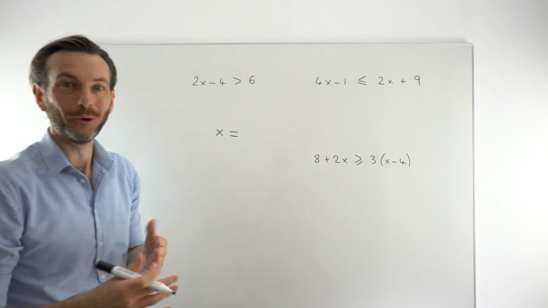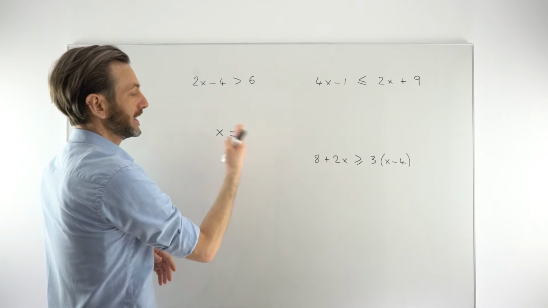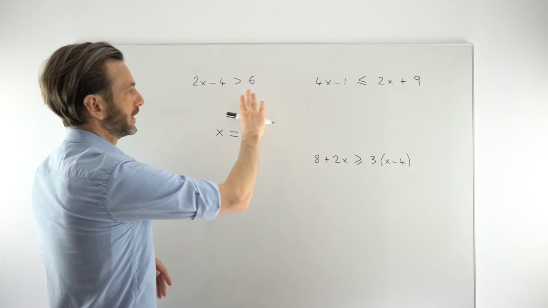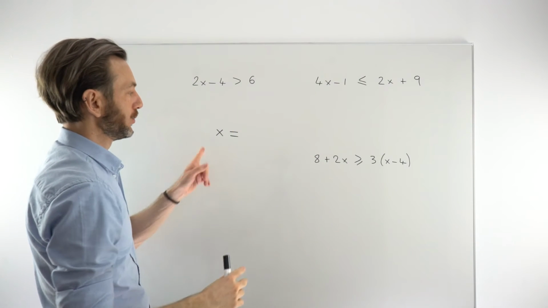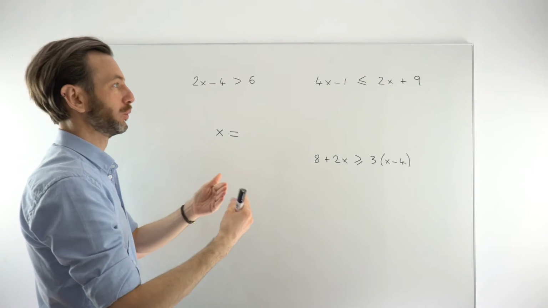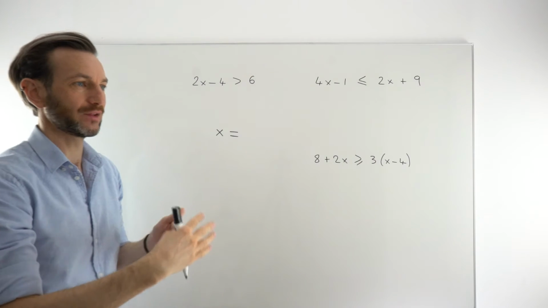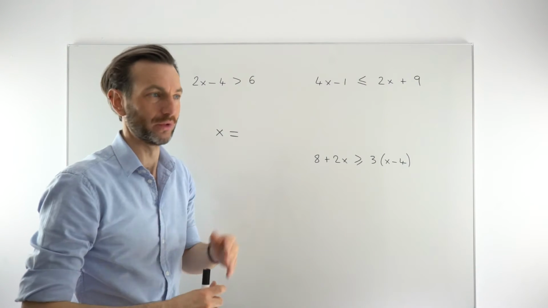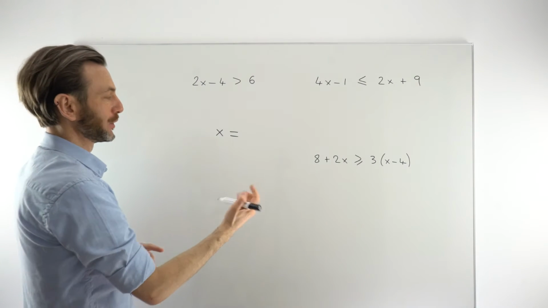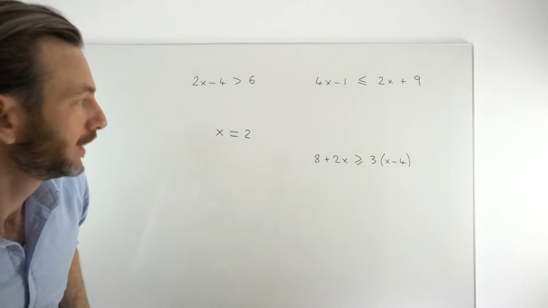That's understandable because you've probably already done a bunch of equations, but with these it's never equal. The solution to these inequations is not a value like it is with an equation, it's a range of values. So we want to say this is satisfied when x is bigger than something or smaller than something, in the same way that an equation is satisfied when x equals some particular number.